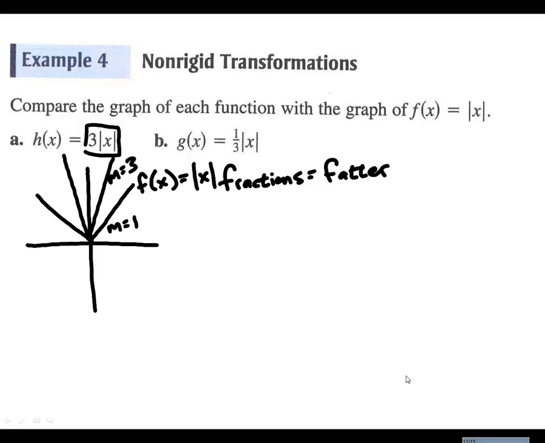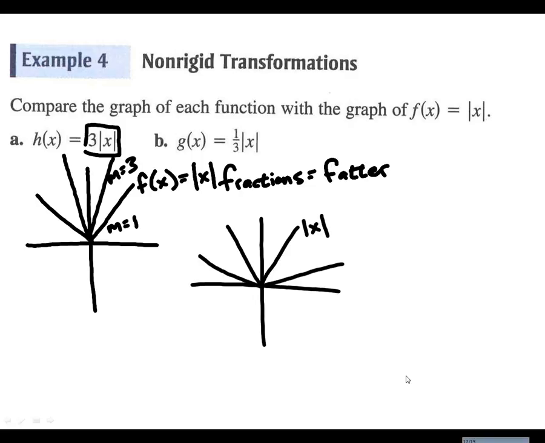Conversely, if we look at the 1/3, if this is our original absolute value graph, then 1/3 is going to be much fatter or shallower, since it'll have a slope of up 1 for every over 3.